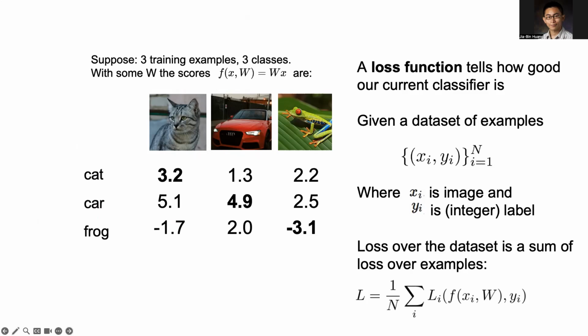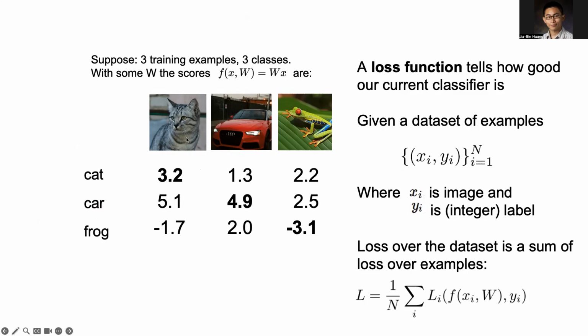Okay? So there are multiple different ways in the classification setting. The most popular are 2 ways to summarize how unhappy you are. For example, if you look at this cat example, intuitively this doesn't look good, right?